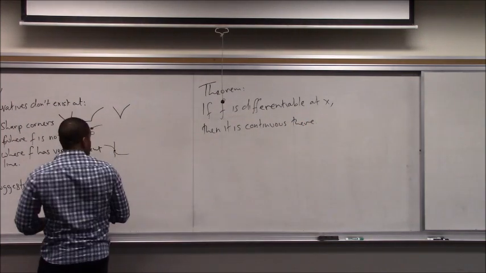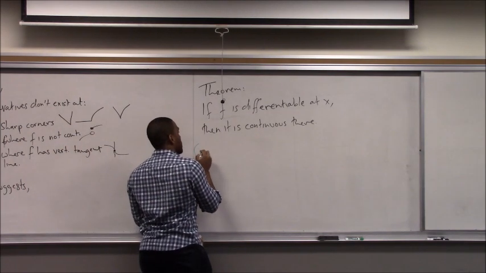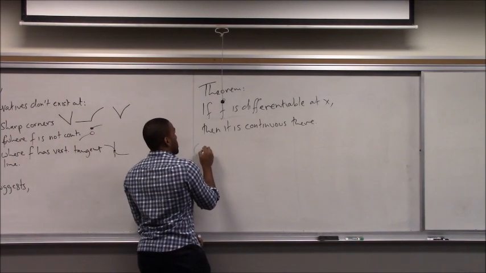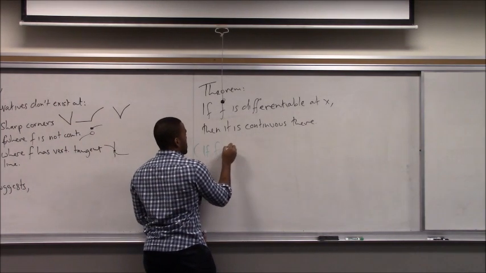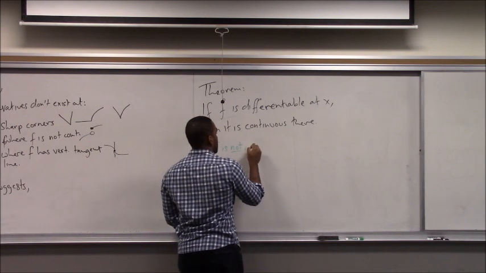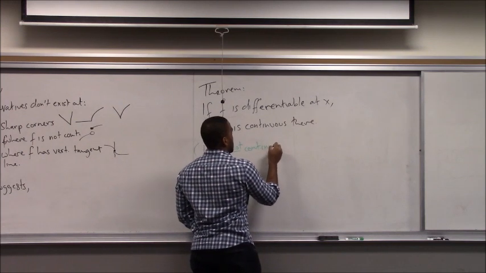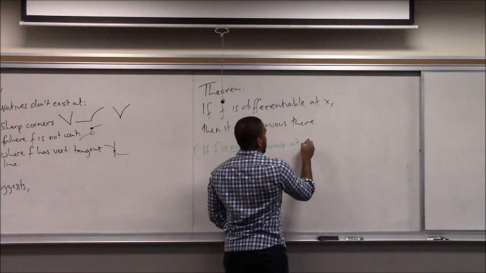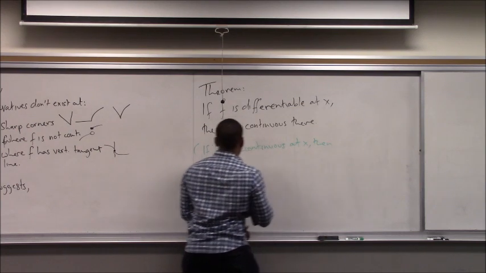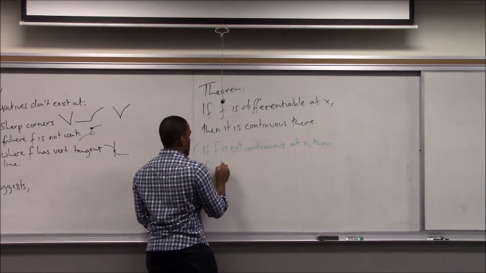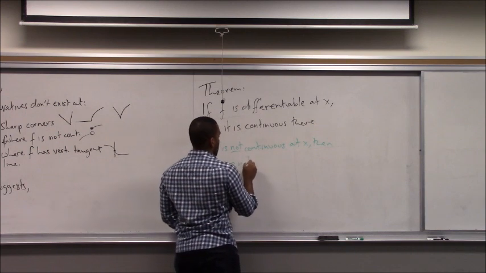There's another way to say that. If f is not continuous at x, then f prime does not exist at x.